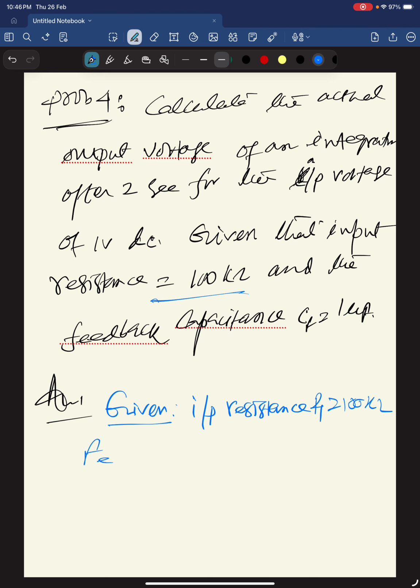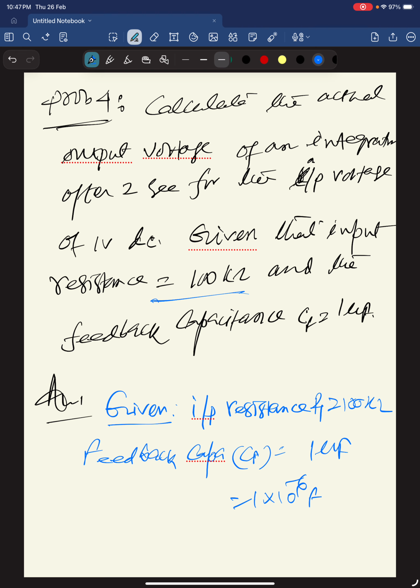Feedback capacitance, how much? 1 microfarad, 1 into 10 to the power minus 6 farad, and here 100 into 10 to the power 3 ohms.